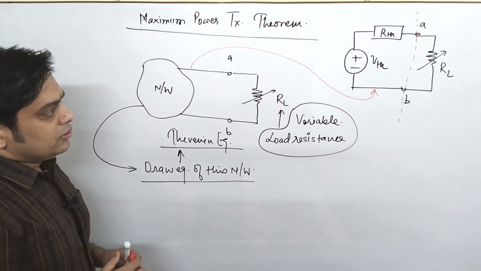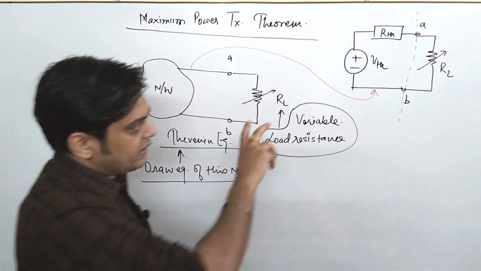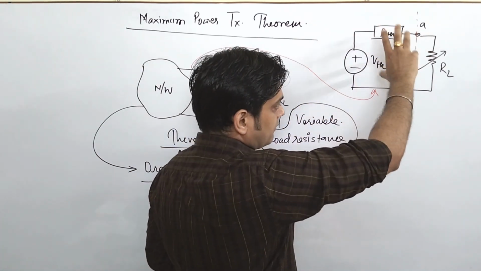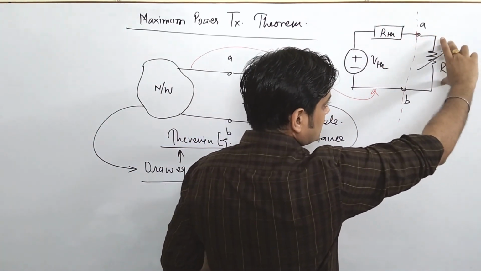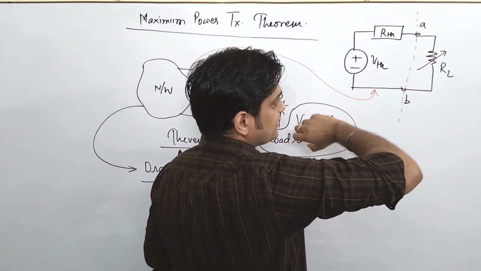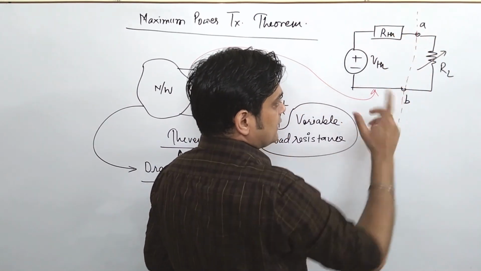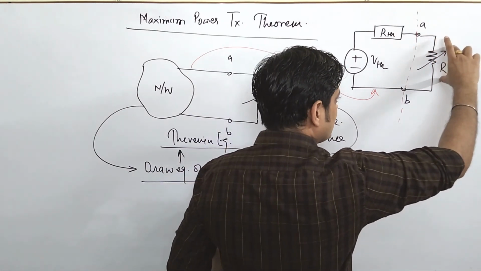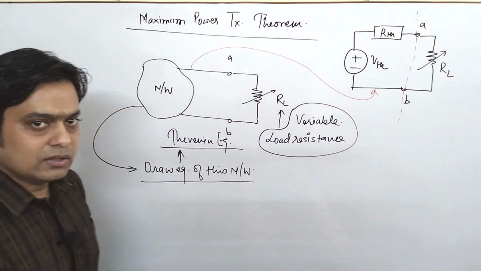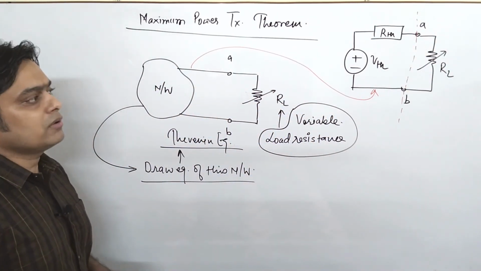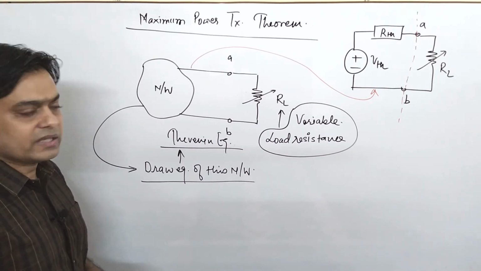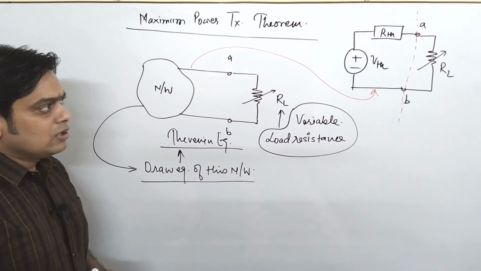So if you have to find the maximum power transfer across this load with the help of this network, you have to find the power across the load resistance connected across terminal AB.